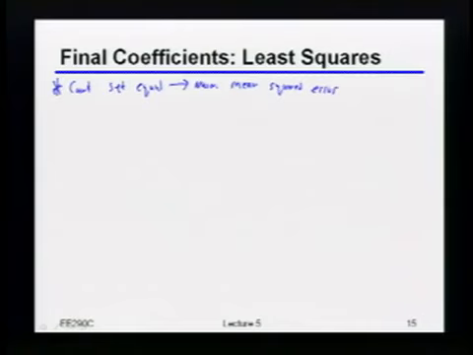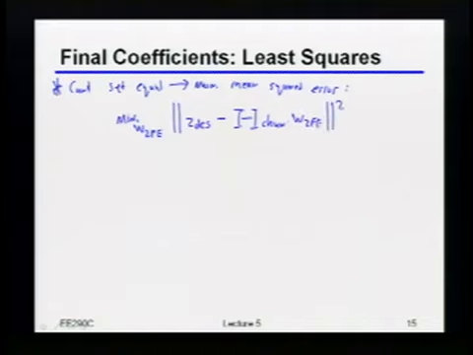What I mean is that I want to pick my WZFE so that I minimize the difference between what I wanted and what I'm actually going to get, in the mean squared sense. Each entry, I take the difference and square it, and then add it to all of the other entries doing the same thing. Does this make sense to everybody?